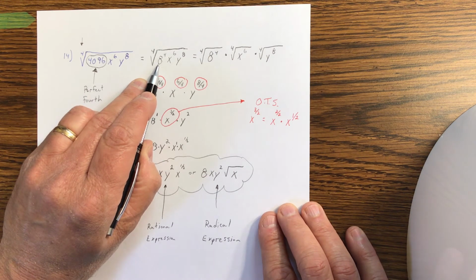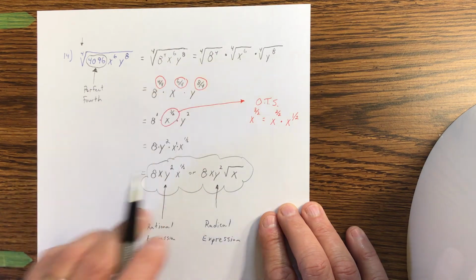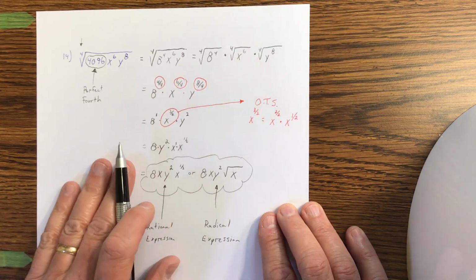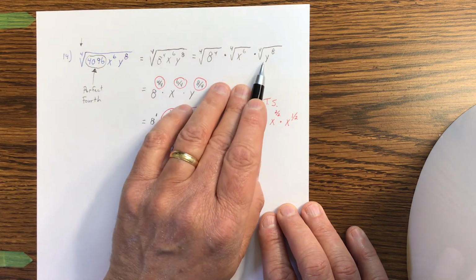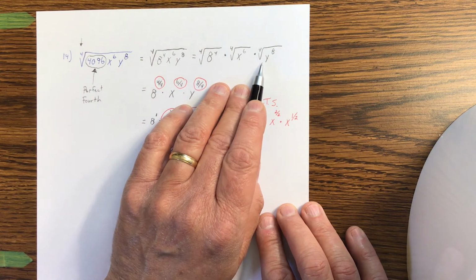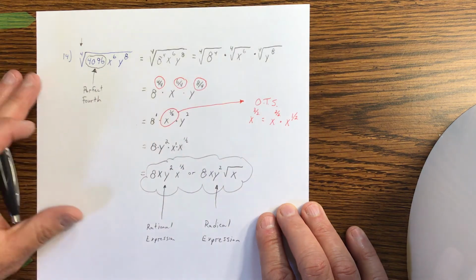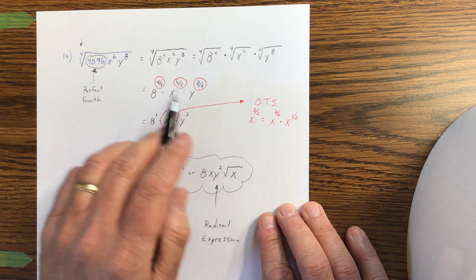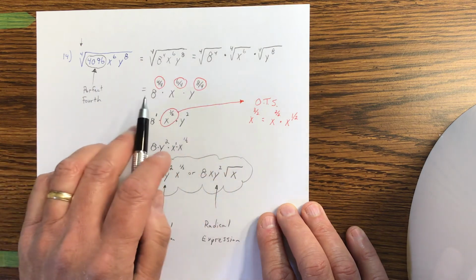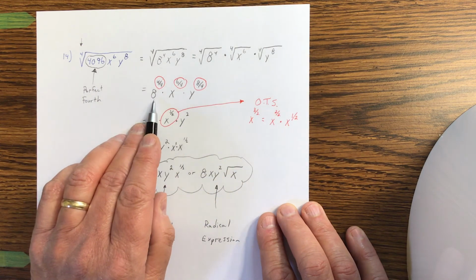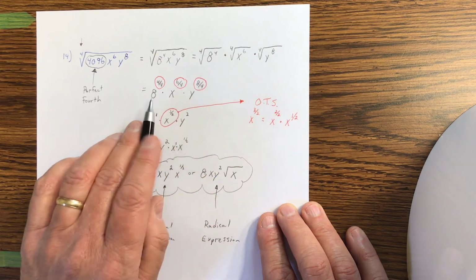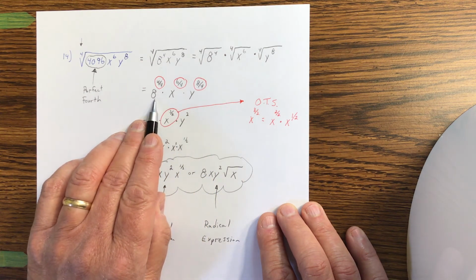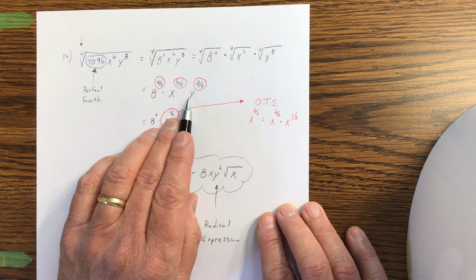The next thing we did is take these three factors inside the radical and split them up into three individual radical expressions. That's called the product of radicals. Then we took the radical expressions and wrote them as rational expressions all the way down the line.